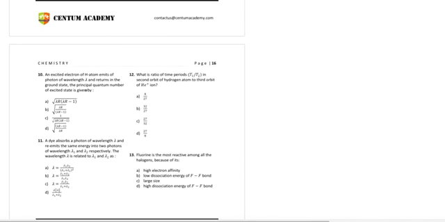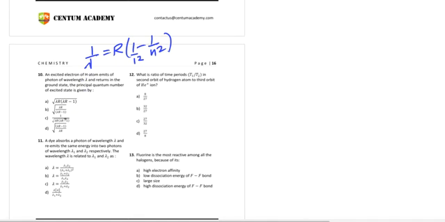Now let's come to question number 10. An electron jumps from a higher energy level to the ground state, and the wavelength emitted is lambda. You need to tell in which orbit or shell the electron was present. In this case, you apply this concept: 1/lambda is equal to R(1 - 1/n²). The final energy shell is 1 and the initial is n, and you need to find n.